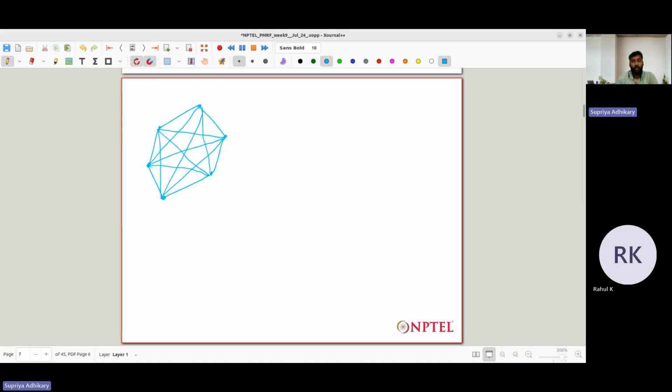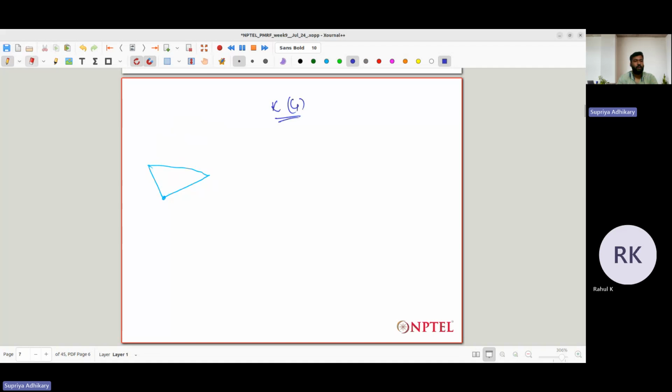Now for K6, what is kappa of G? Kappa of G is basically the minimum number of vertices that we can delete so that the graph becomes disconnected. So if we consider deleting only one vertex, consider this like this. If we delete this one, then still this will actually be a K5 graph. Then again, if we delete any vertex like this, then this will be a K4. If we delete one more vertex, this will be a K3.